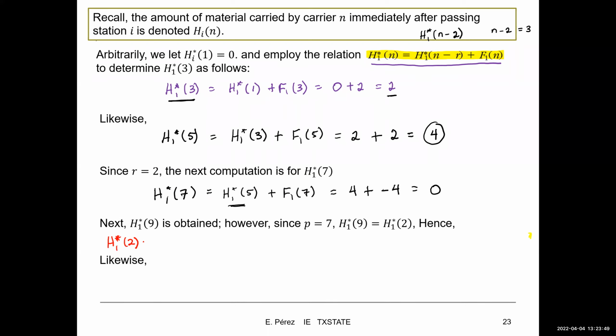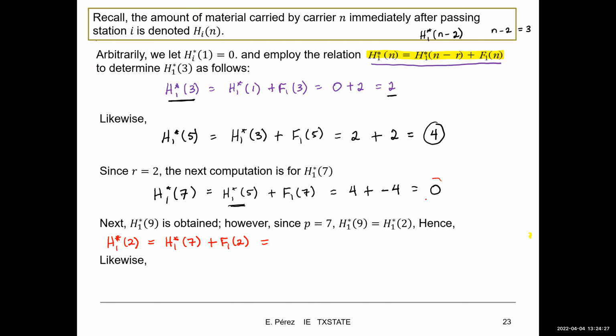So let's say our period was 9 instead of 7. In that case, you will compute H1 star of 9, right? But in our case, the period is completed after 7. So we have to go back to 2 to restart the count. Instead of going to 9, 7 is the last one, so you go 1, 2. So H1 star of 2 will be equal to H1 star of 7 plus F1 of 2.